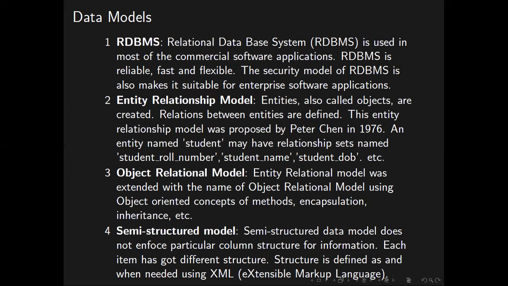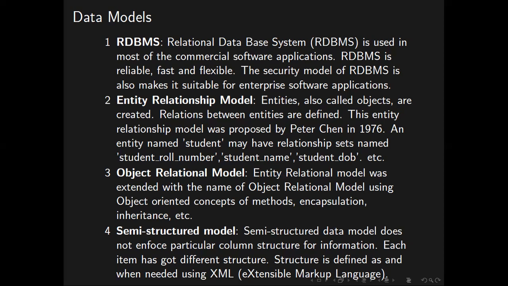Then entity relationship model. Entities are otherwise called objects. And relationships can be created between objects through some functions or constraints. These are called entity relationship model.